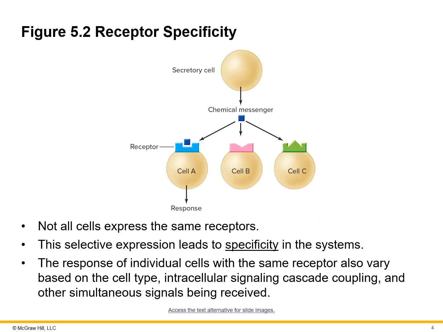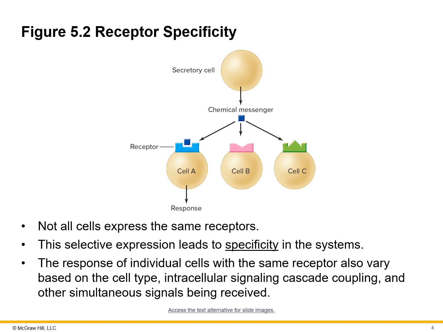Not all cells express the same protein receptors, okay? This selective expression leads to specificity in the systems. The response of individual cells with the same receptor also varies based on the cell type.